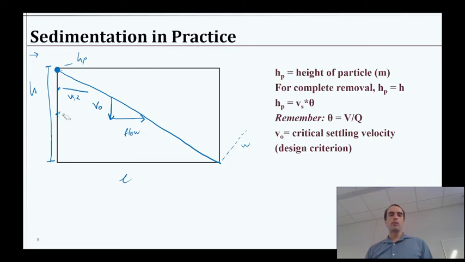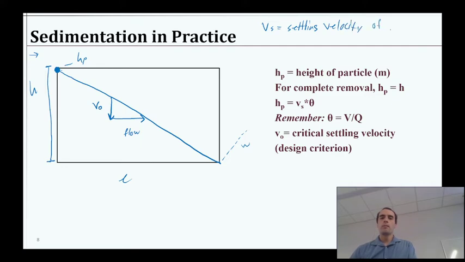I'm going to write it out as well. So Vs is the settling velocity of some random particle, some chosen particle. It's probably arbitrary.